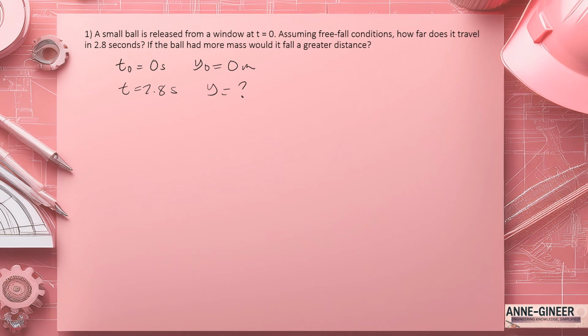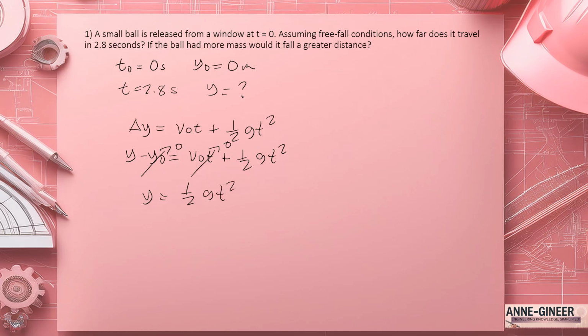We have the formula delta y is equal to v0 t plus 1/2 g t squared. So this is y minus y initial equal to v0 t plus 1/2 g t squared. The initial velocity is 0 and the initial height is also 0, so y is equal to 1/2 g t squared.